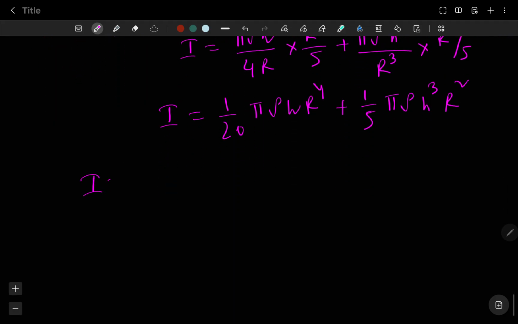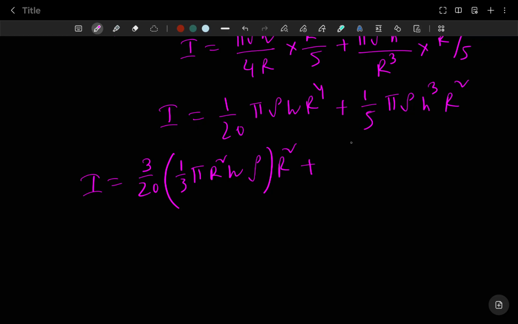So you can do it like this: 3 by 20 into 1/3 pi r square h rho into r square, plus this is also 3 by 5 into 1/3 pi r square h rho into h square.